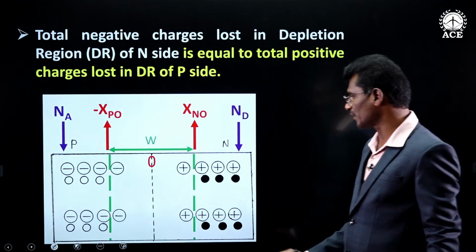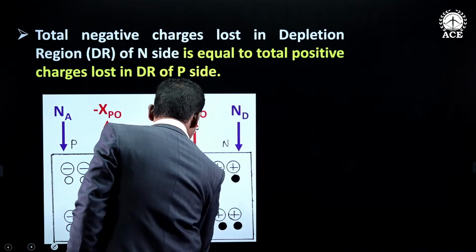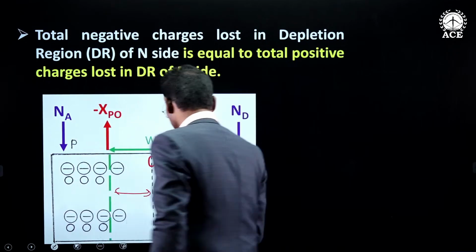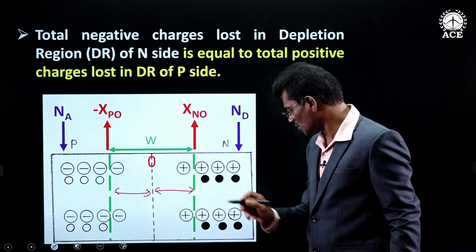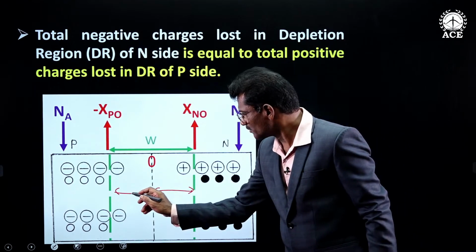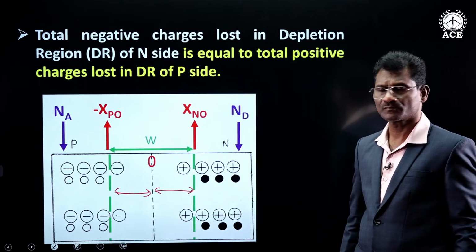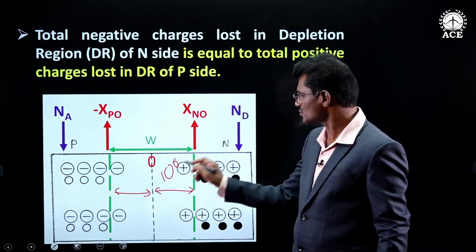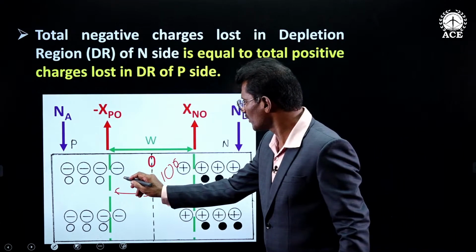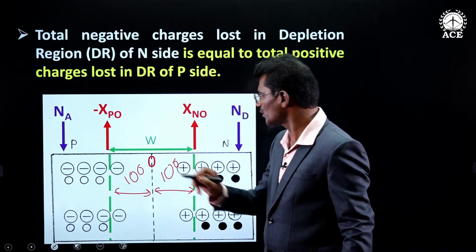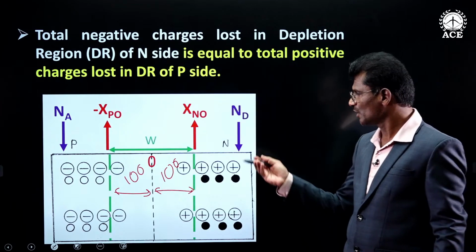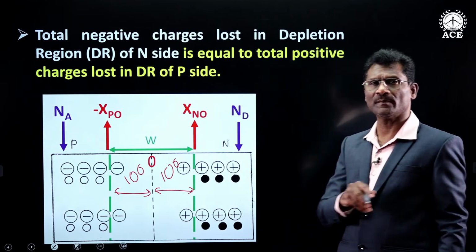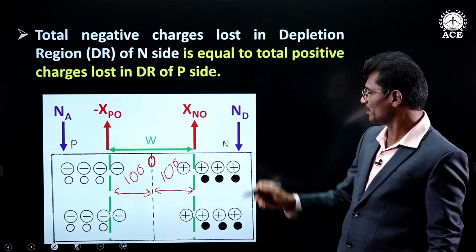I am showing the previous slide again. Suppose we lose say 100 electrons in this area, then we will lose 100 holes in this area. Why? Because it is electron hole pair recombination. That is the meaning of the statement.